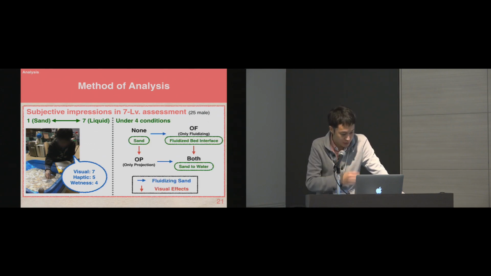These experiments were done under 4 conditions called none, F, P, and both. For example, none is a condition not projecting the image on the surface and not fluidizing it. That is, it's only sand.